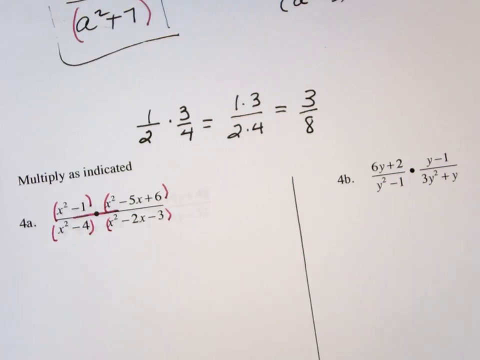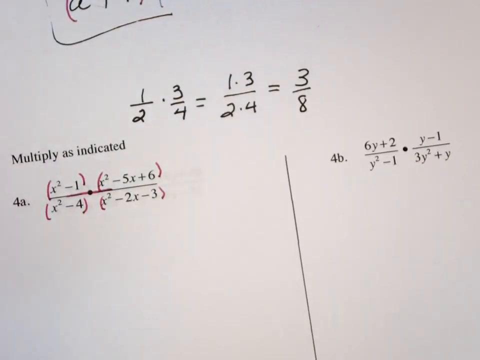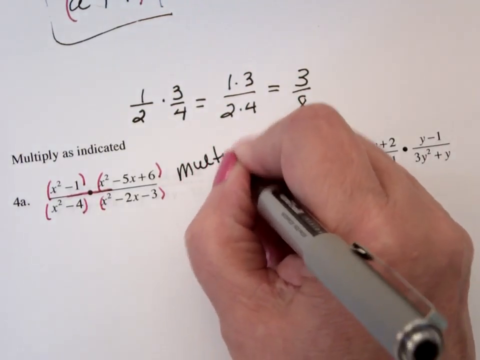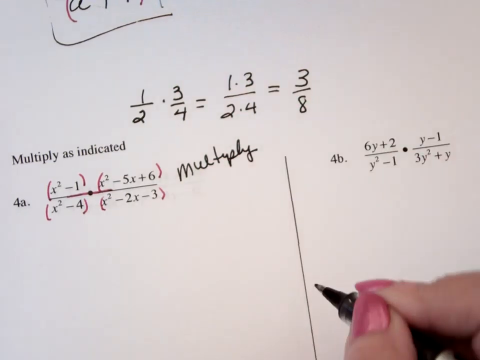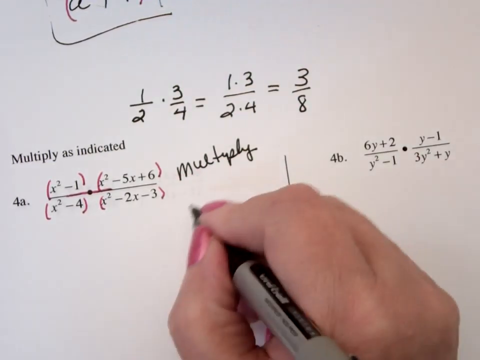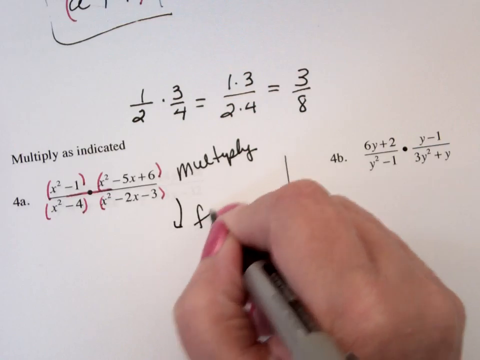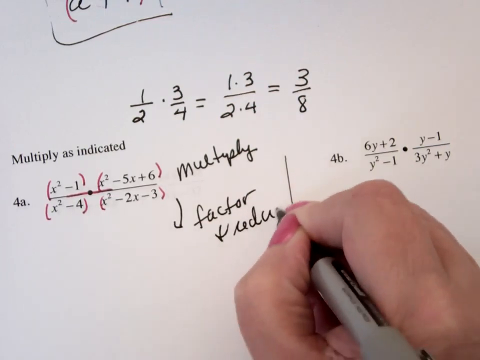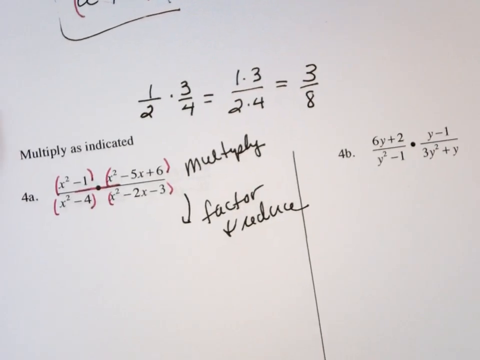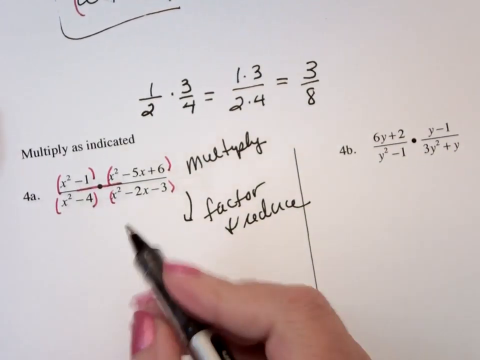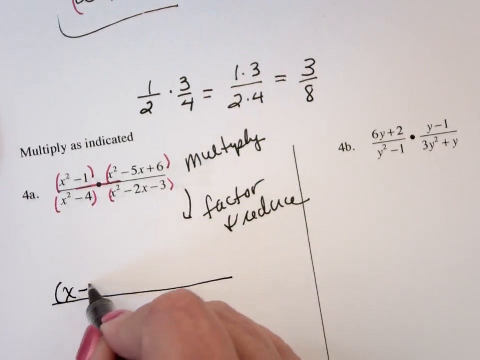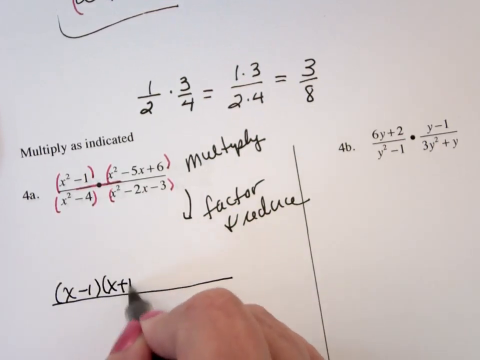Now I've got something like we did previously where we're going to factor and reduce. So the first thing I did was to multiply. And then once I multiplied, I'm going to factor and reduce. So x squared minus 1 is the difference of two squares, so it's x minus 1 times x plus 1.